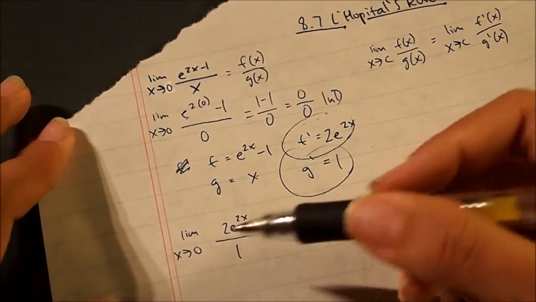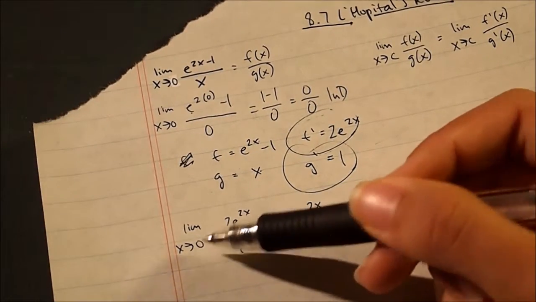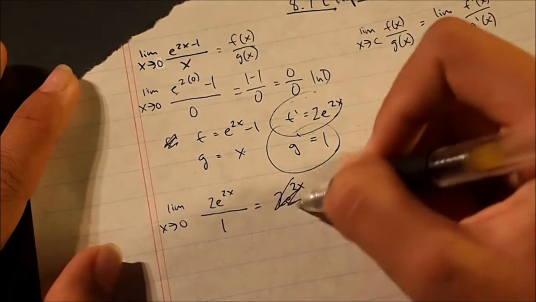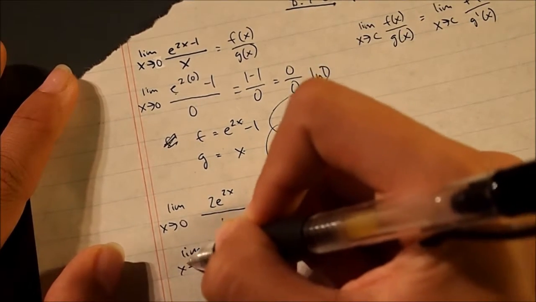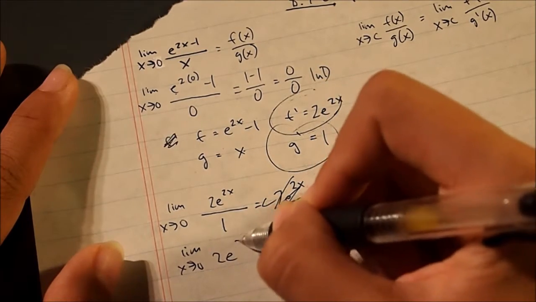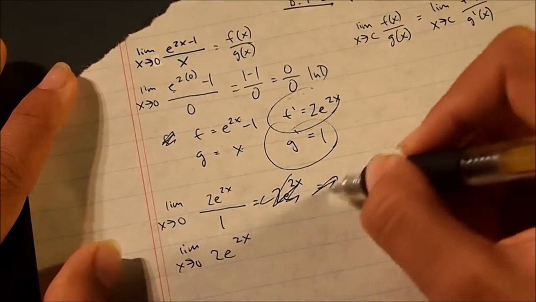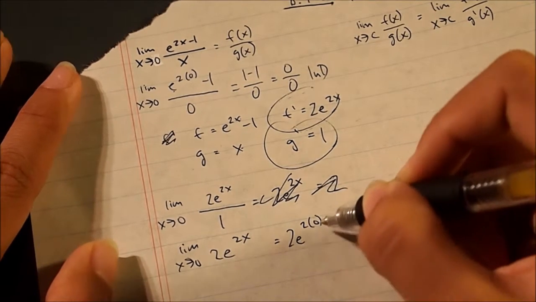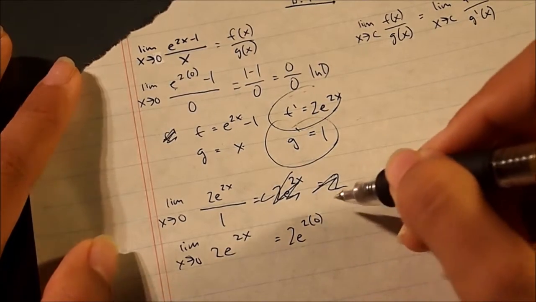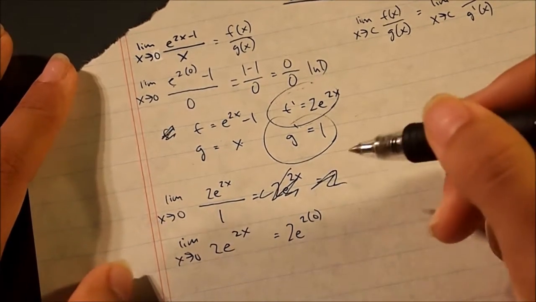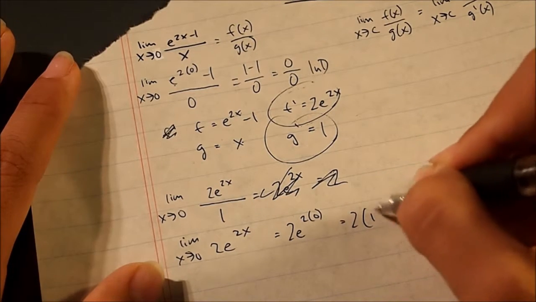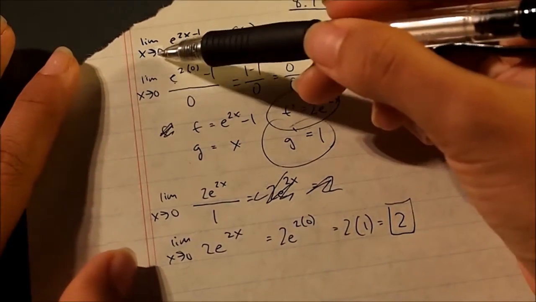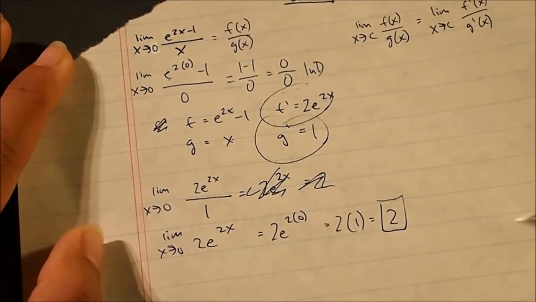Then you substitute in 0, just like usual: 2e to the 2 times 0, and now it's 2 times e to the 0. e to the 0 is 1, so it's 2 times 1, and the answer is 2. So the limit as x approaches 0 of this function is equal to 2.